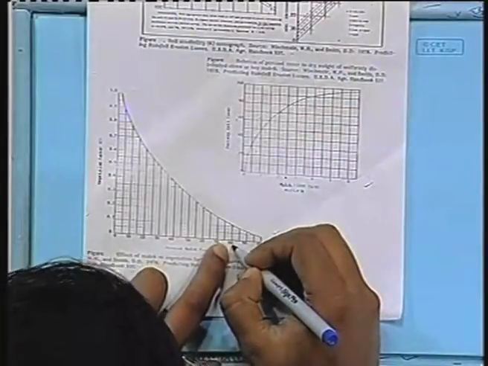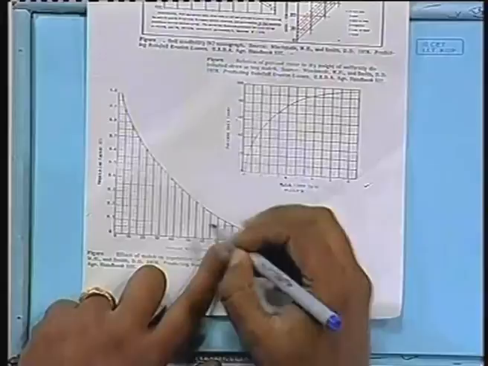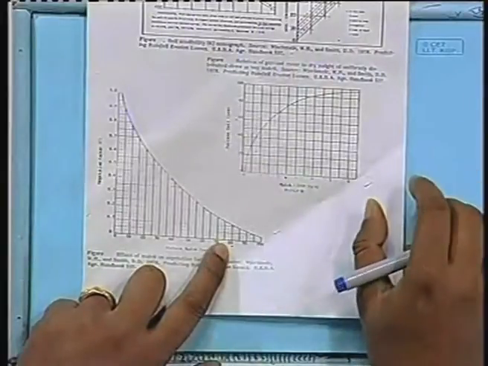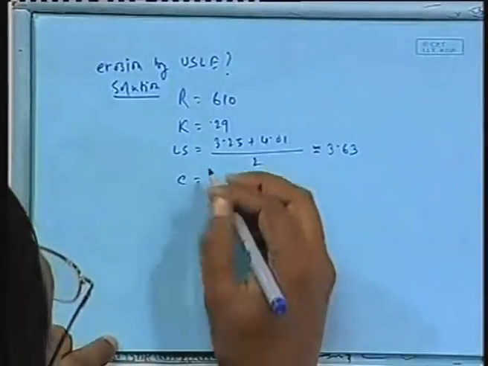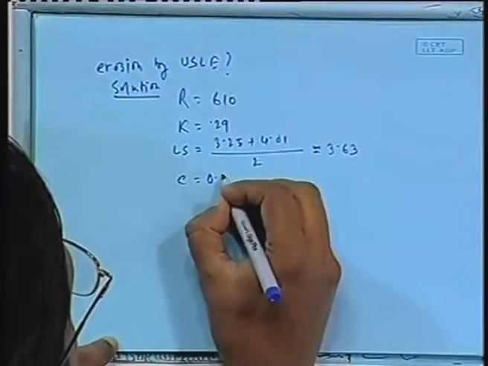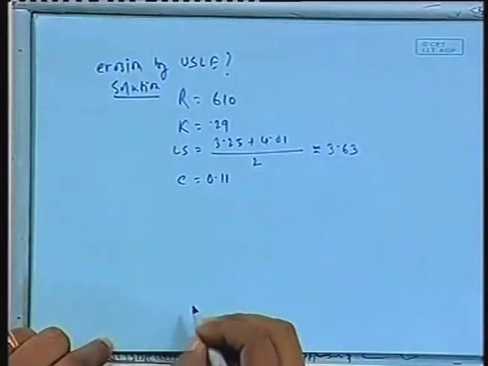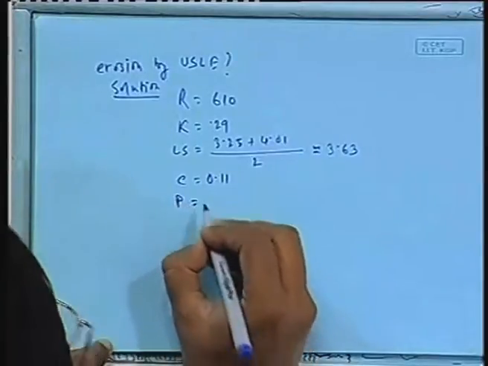As we come down here again at about 80%, we found the value about 0.11. So C is 0.11.